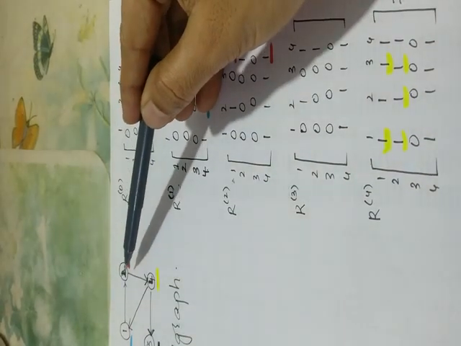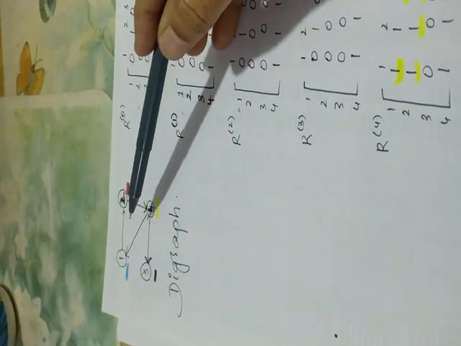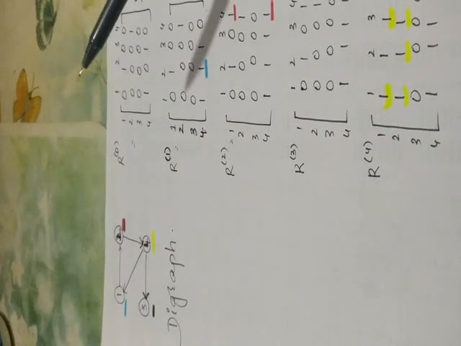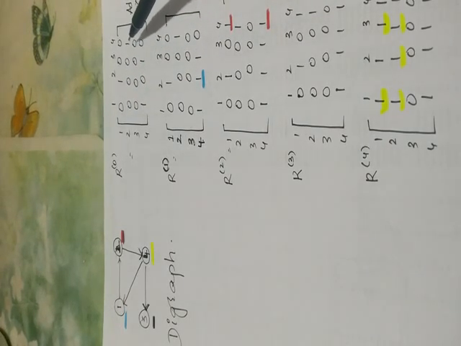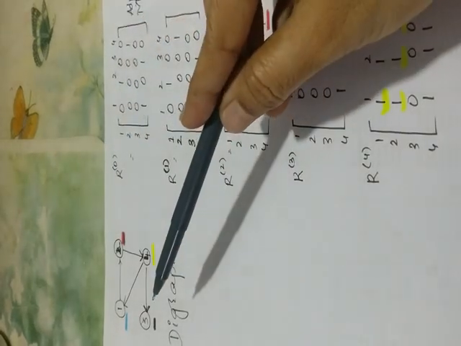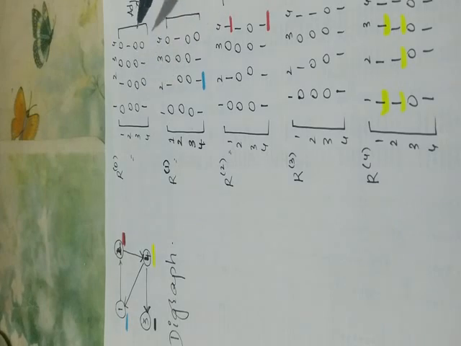Similarly, from 2, there is a possibility to 4, so I have represented it as 1. The rest is all zeros. And 3, there is no directed edge towards all the other vertices, so it's all zeros.